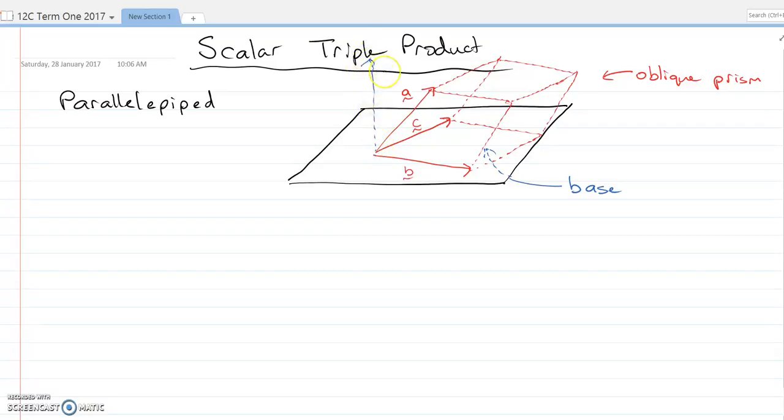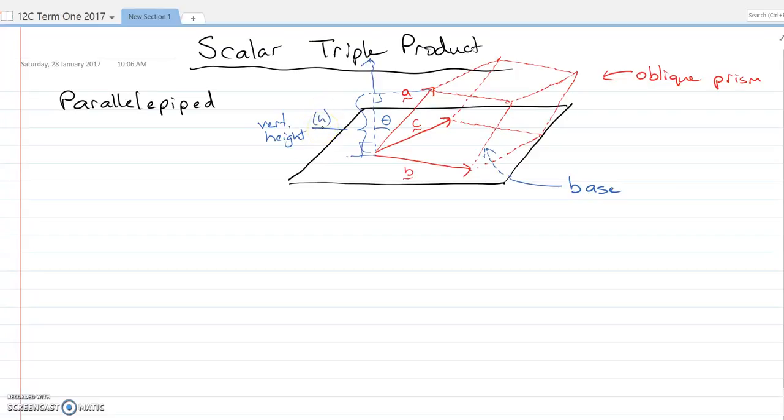So let me say, okay, this vector here, let's say this is perpendicular to my sheet. So I have an angle here, theta. Okay, and if I make a little triangle here with my vector A, this side here is my vertical height of my parallelepiped.